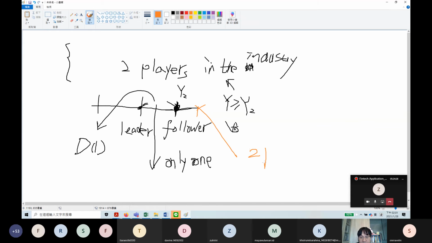Two players share the profit flow. So you have to clarify which situation only one player takes over, and which situation two players share the profit flow.